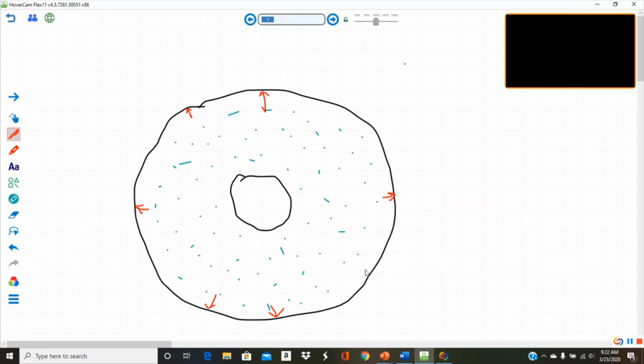So what we are beginning to see here is that if the amount of air inside this tire is at appropriate levels, you have an inflated tire.